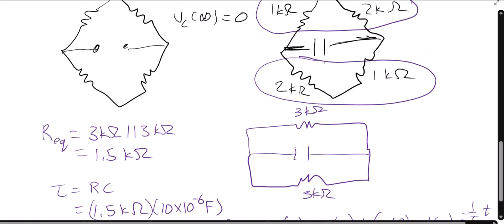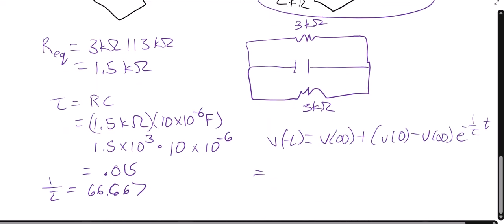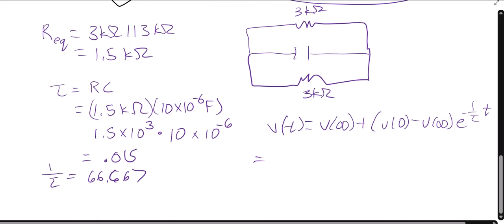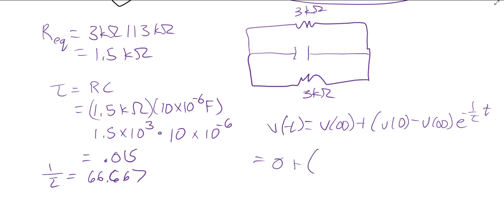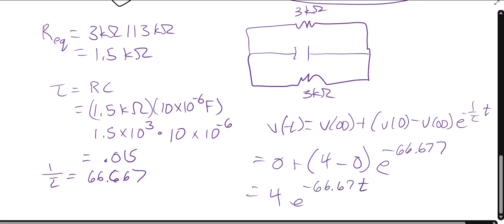And V at 0, that's why we did all of this work up here, was to find V of 0. And then tau. So this is 0 plus VC at 0 was 4 minus 0, e to the minus 66.67 t, or 4e to the minus 66.67 t.